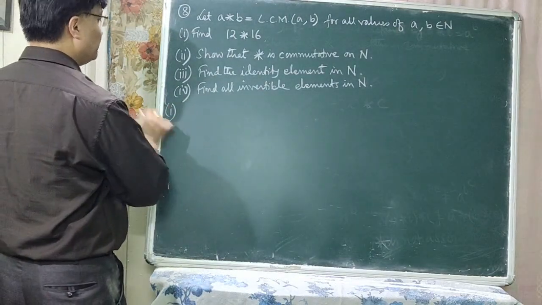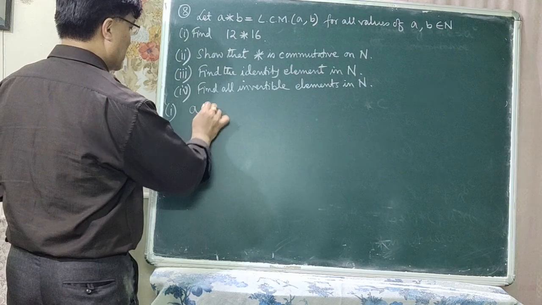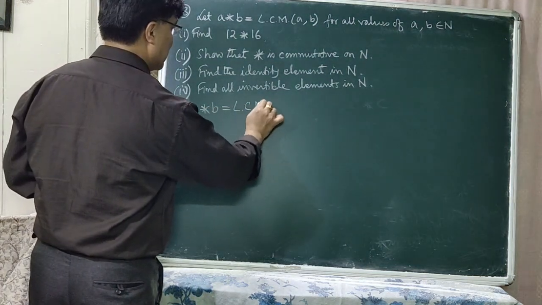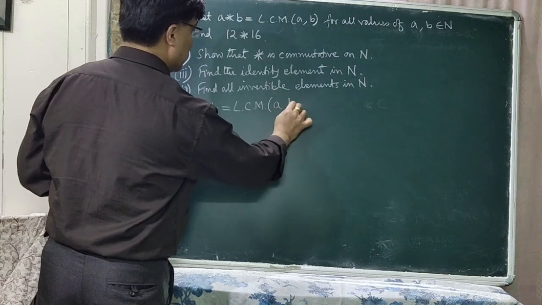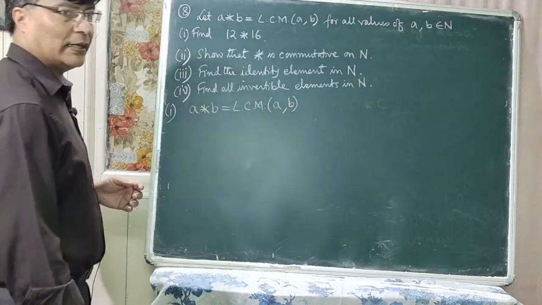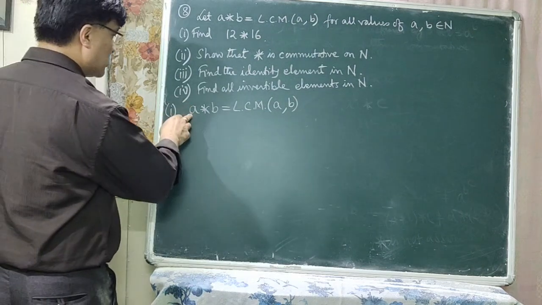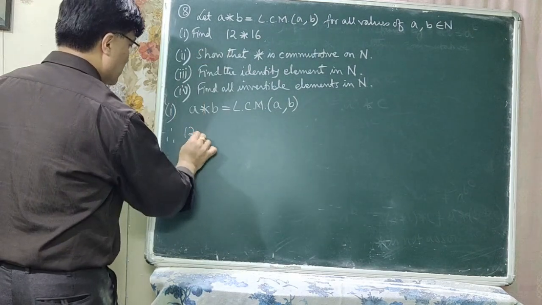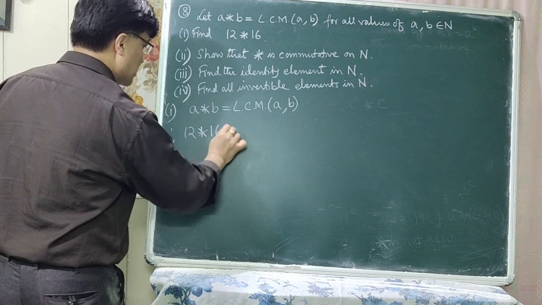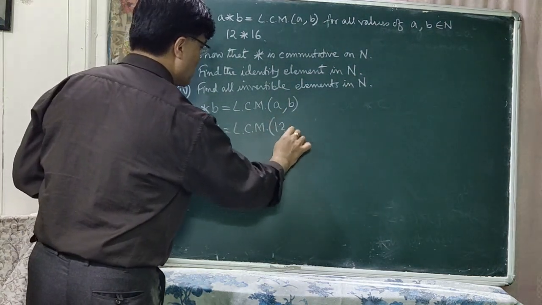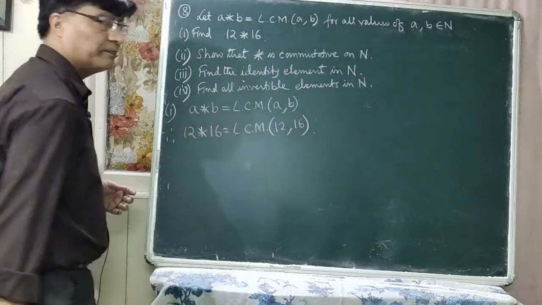So number 1. A star B is defined as LCM of within bracket A comma B. Therefore, instead of A, you have to write 12. 12 star 16 is equal to LCM of 12 comma 16.